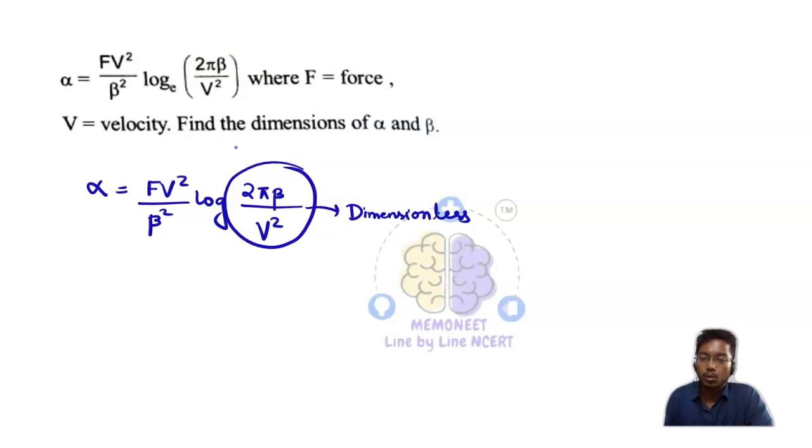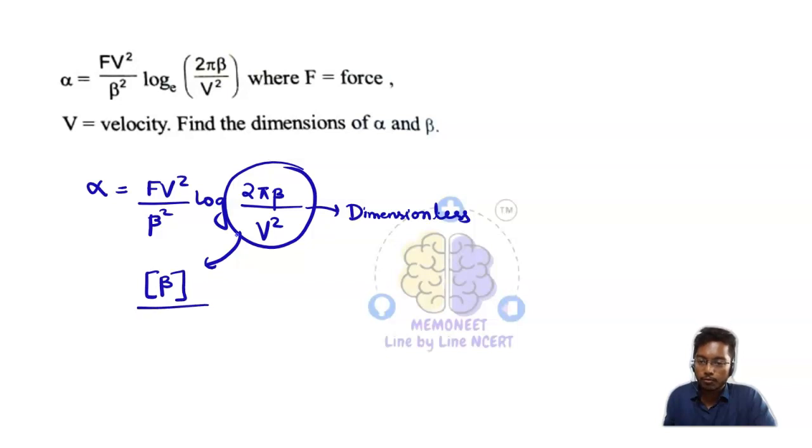Where f is force and v is velocity, find the dimension of alpha and beta. We know that 2 pi has no dimension and the dimension of beta is unknown.